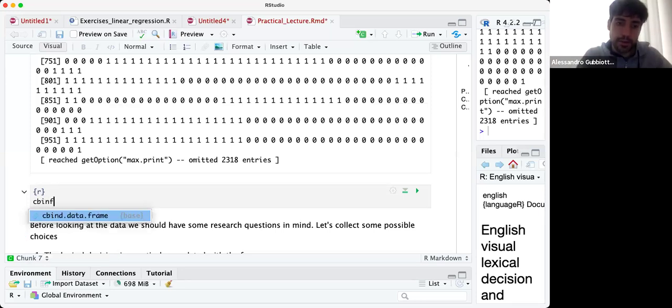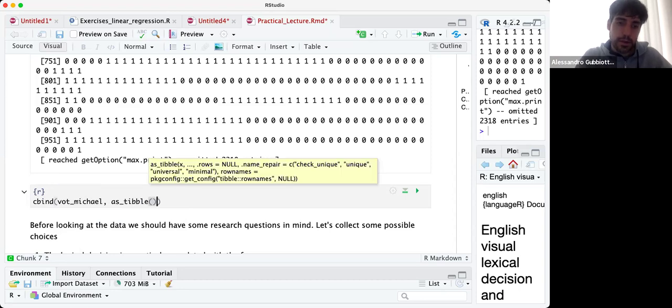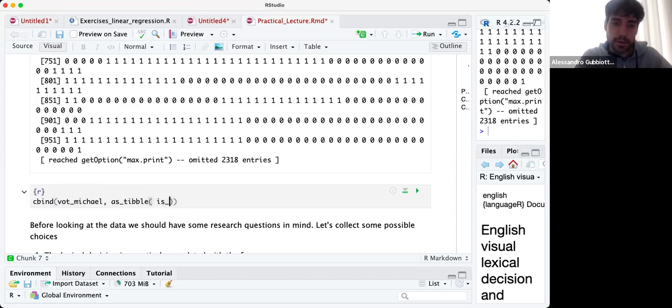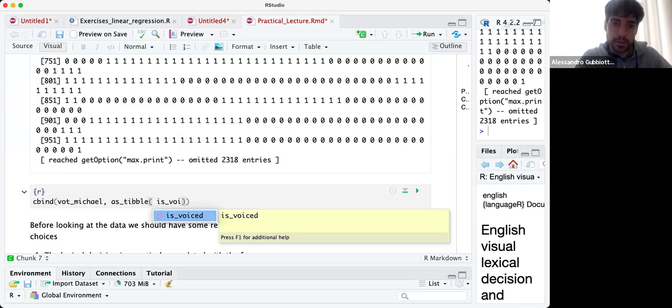Cbind vocal onset time Michel and the variable is voiced.